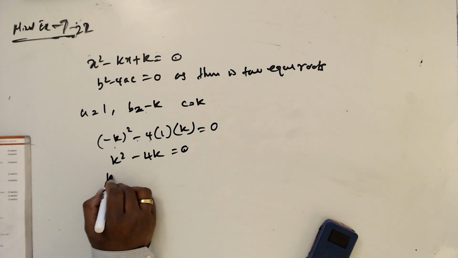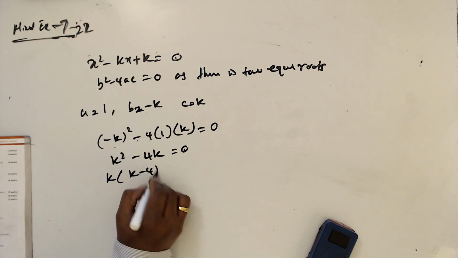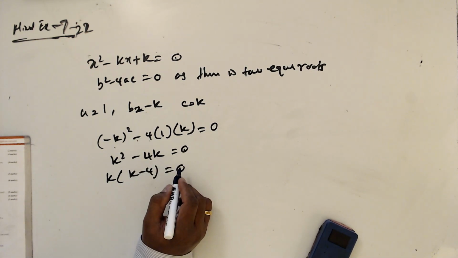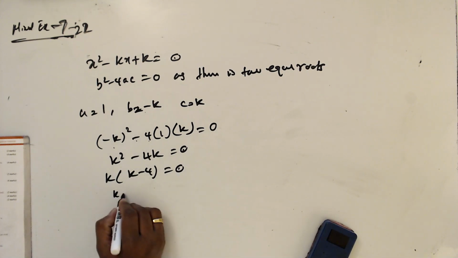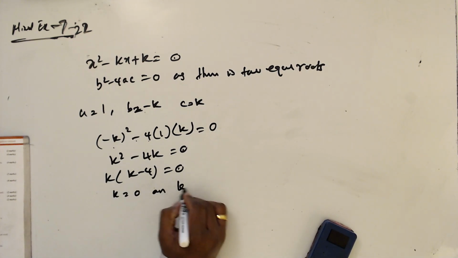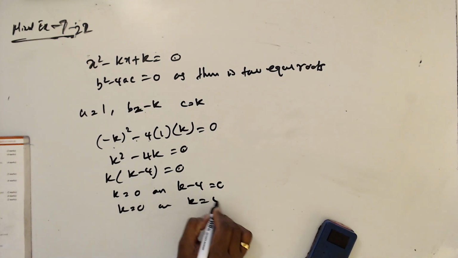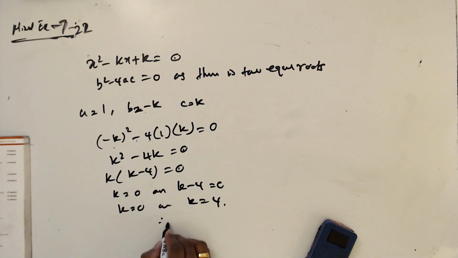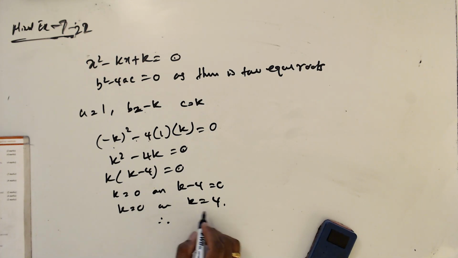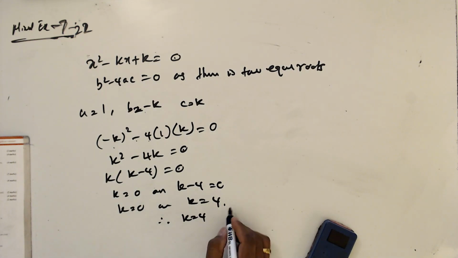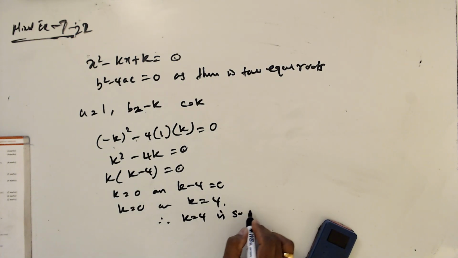When I take k out, k times (k minus 4) equals 0. So k equals 0 or k minus 4 equals 0, k equals 0, k equals 4. Hence, we prove that k equals 4. It's a solution.